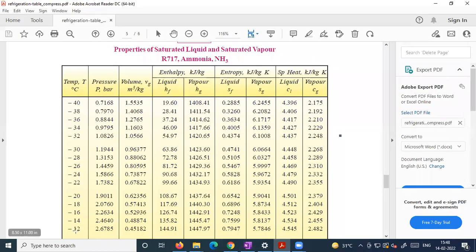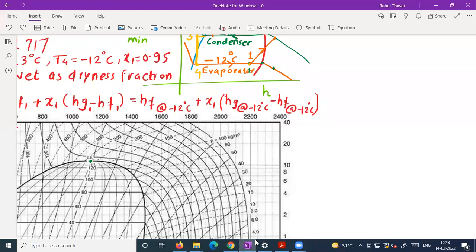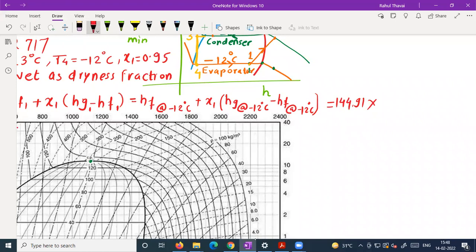At -12 degrees Celsius, what value do we have? 144.91. I'll write down that value. 144.91 plus X1, that is 0.95, multiplied by HG minus HF.